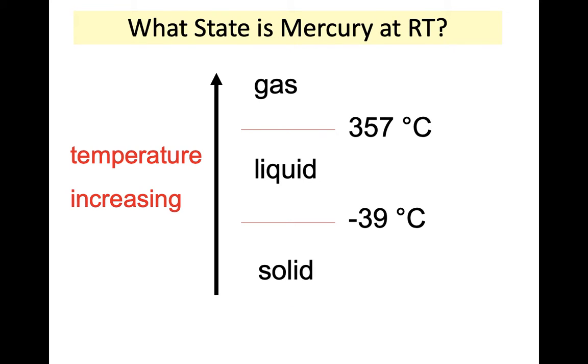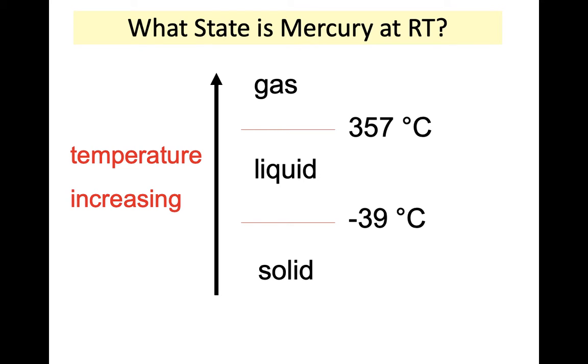Let's have a look at mercury. Mercury is one of the transition metals. It's a very special transition metal, and you're about to see why. So, melting point of minus 39. So at minus 39 degrees, solid mercury becomes liquid mercury. At a toasty 357 degrees C, liquid mercury will boil to become a gas.